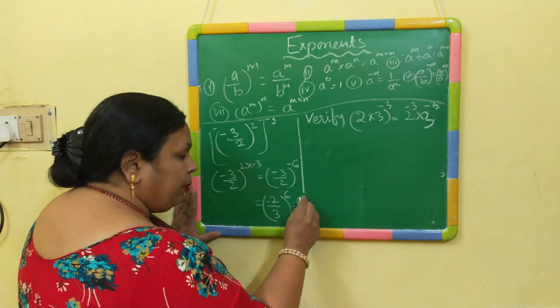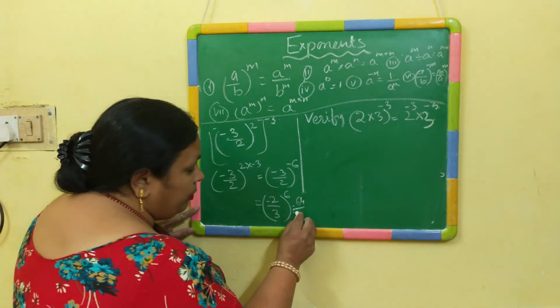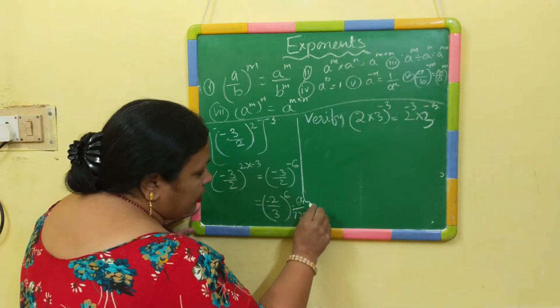Similarly, 3 when multiplied 6 times will lead to 729. Clear? Now, this solution is done.